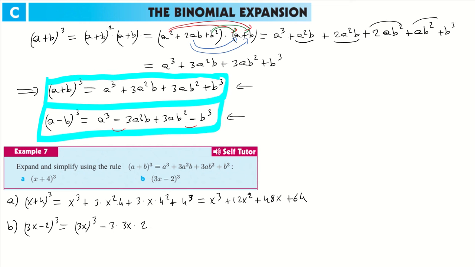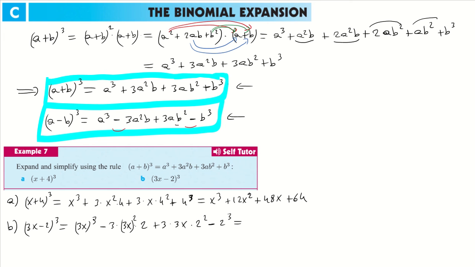But be careful, a^2, so we do (3x)^2. And then plus 3 times a, which is 3x, times b^2, so that's 2^2. And then minus b^3, so 2^3.